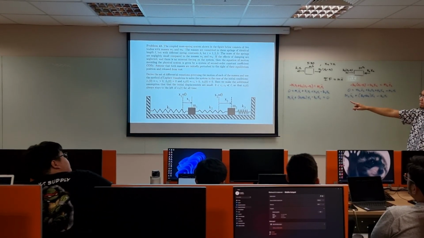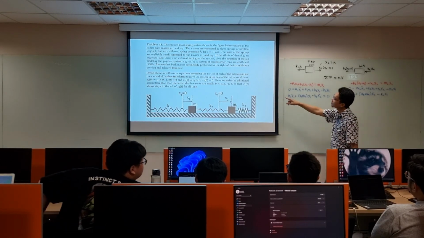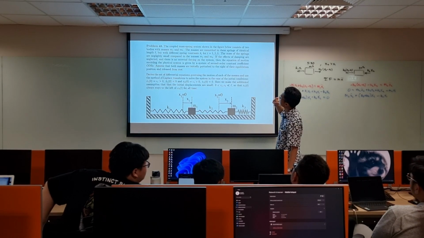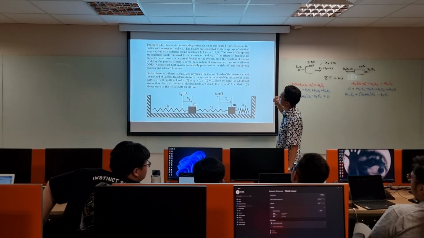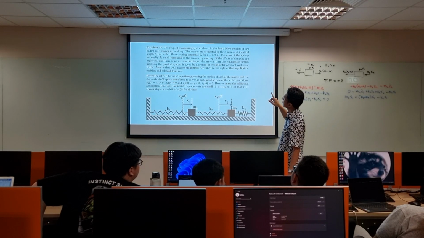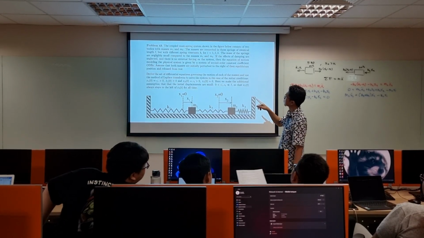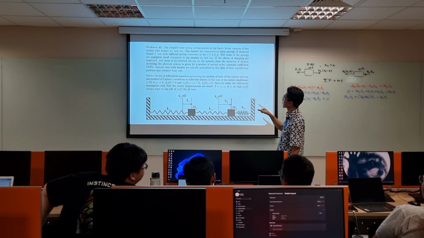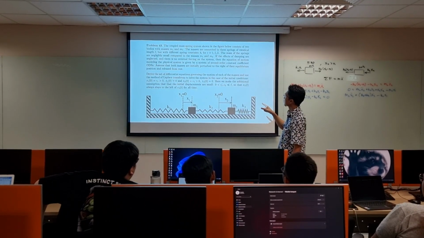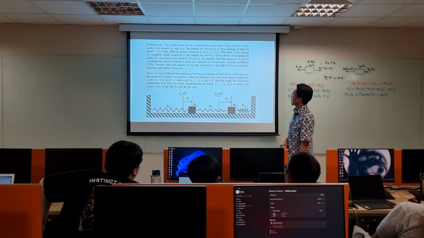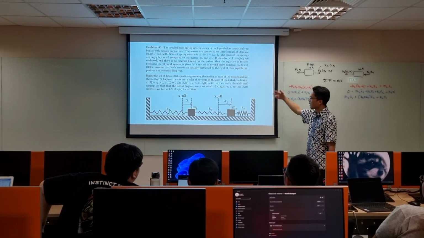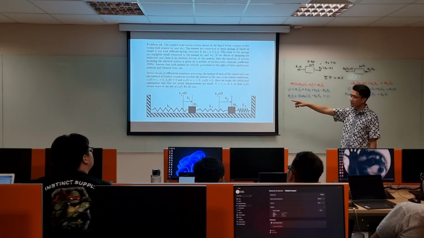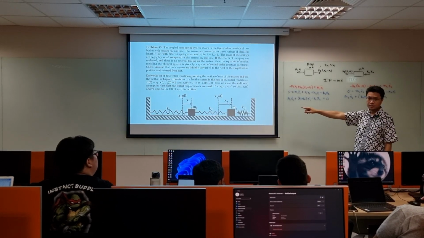What is the final goal? What you need to do here is just take the Laplace transform and then insert the initial condition into it.